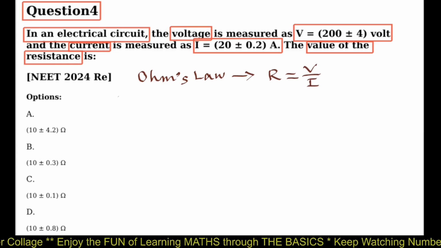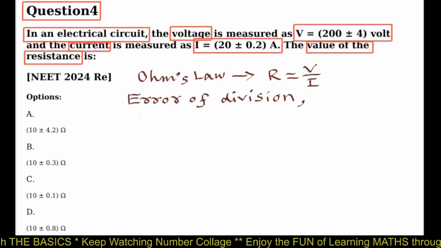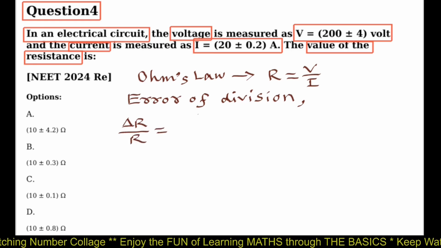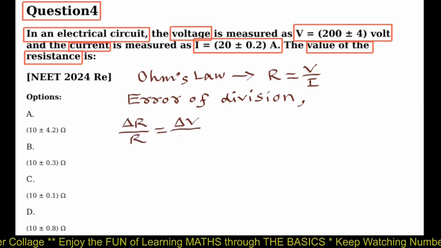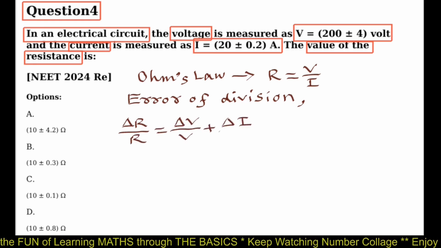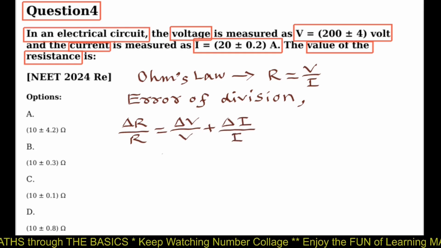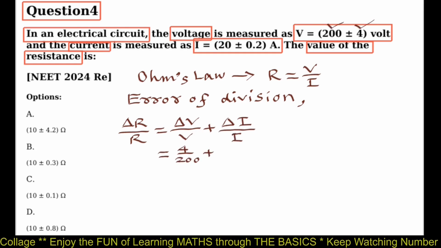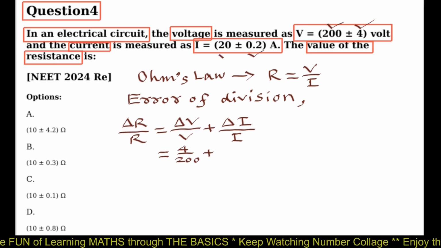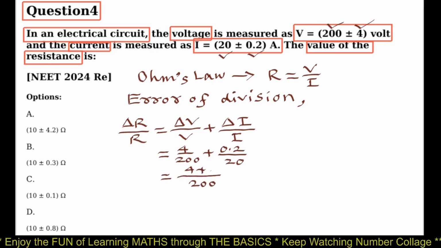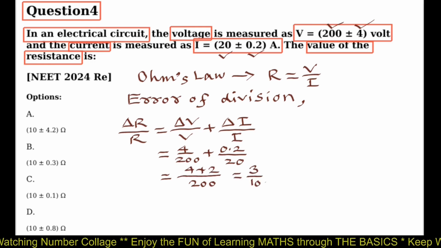Now by the rule of error of division, we write delta R upon R equals delta V upon V plus delta I upon I. Putting the values, 4 upon 200 plus 0.2 upon 20, which will be (4 plus 2) upon 200, 3 upon 100.